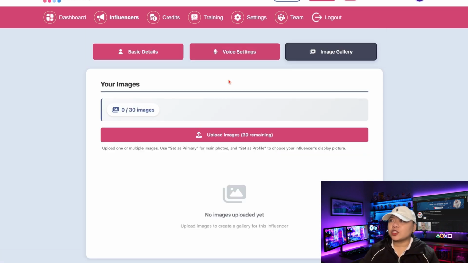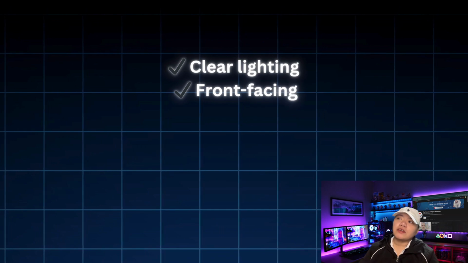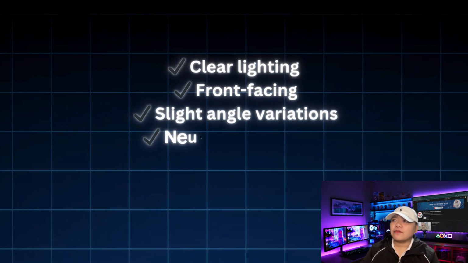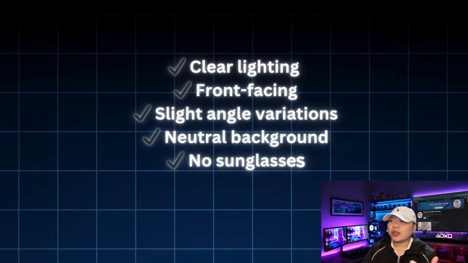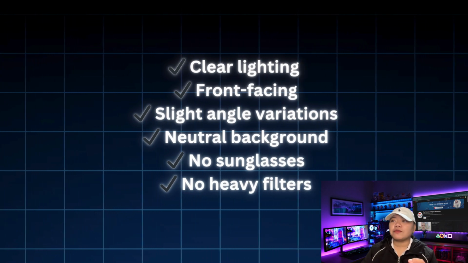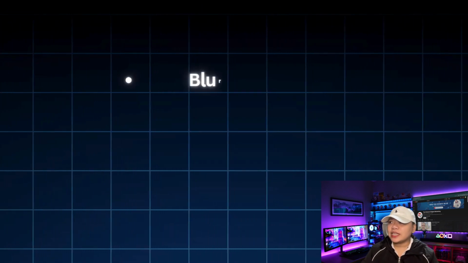Next is to upload your images. So this is the most important step. Click on Image Gallery. So you can upload up to 30 images right here. And for best results, upload clear high resolution images, front facing shots, slight left and right angles, neutral expressions, good lighting, no heavy filters, and do not upload these.